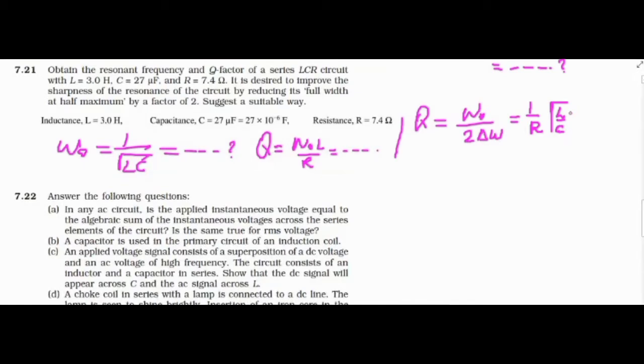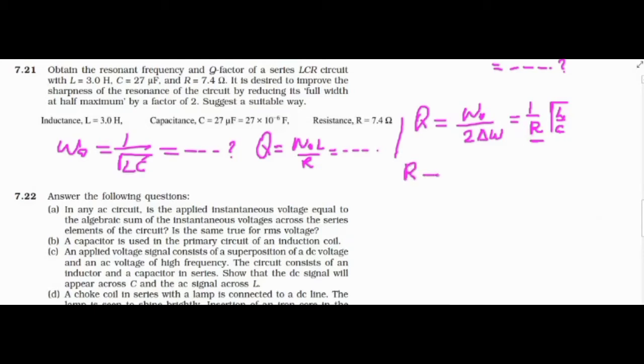Suppose you reduce L by 2, or increase C by a factor of 2, but that will change omega naught. Therefore, we can't do anything with L and C. So what is the only option? You have to adjust R. We have already seen that the sharpness of the circuit depends on the value of R. If you change R, you can see the sharpness will increase. So we have to adjust the value of R. Suppose here R becomes R by 2.